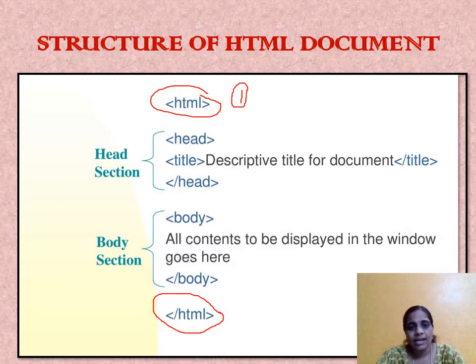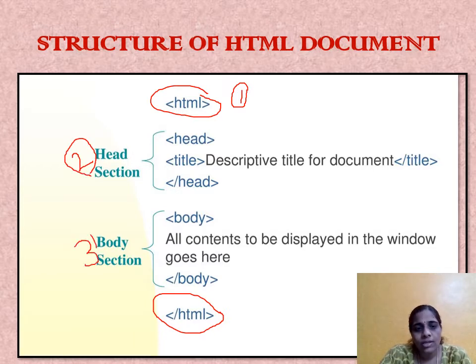Then it has two things. One is called the head section and another one is called the body section. This is the second thing which you have to write, that is the head section, and the third one is the body section.